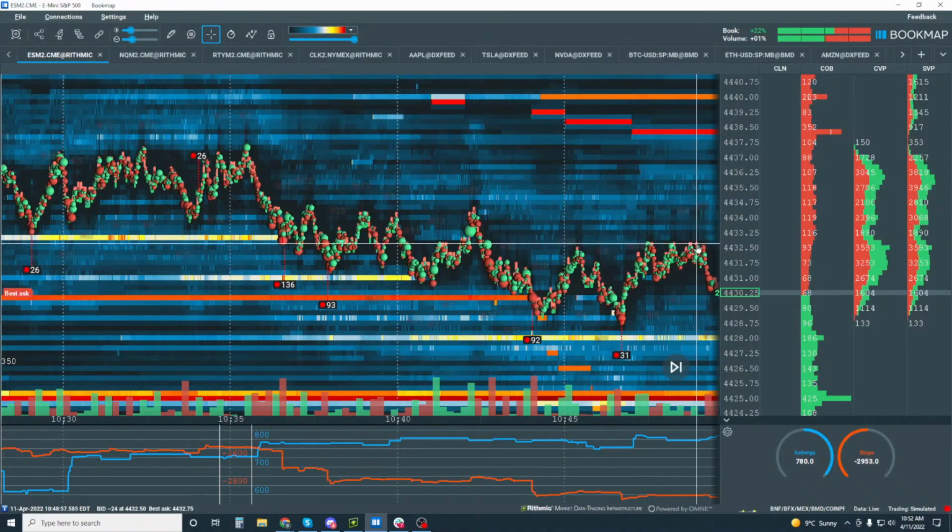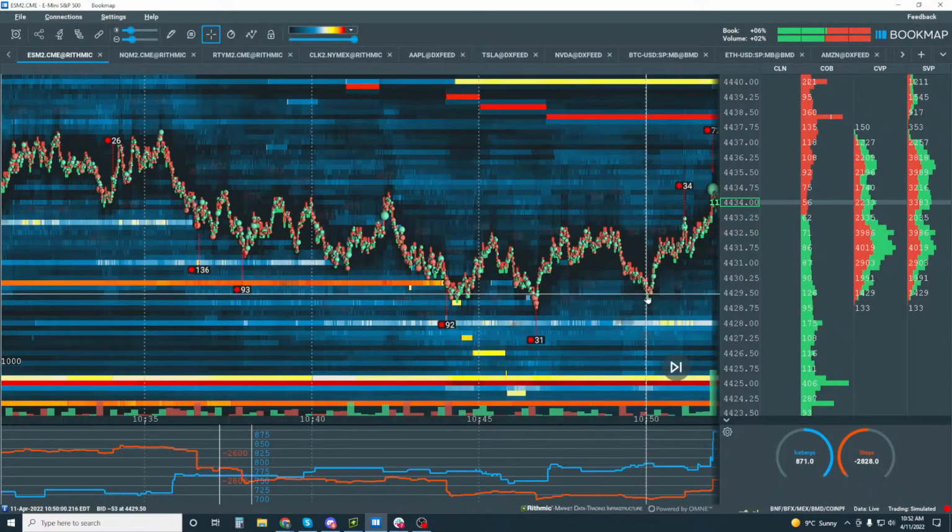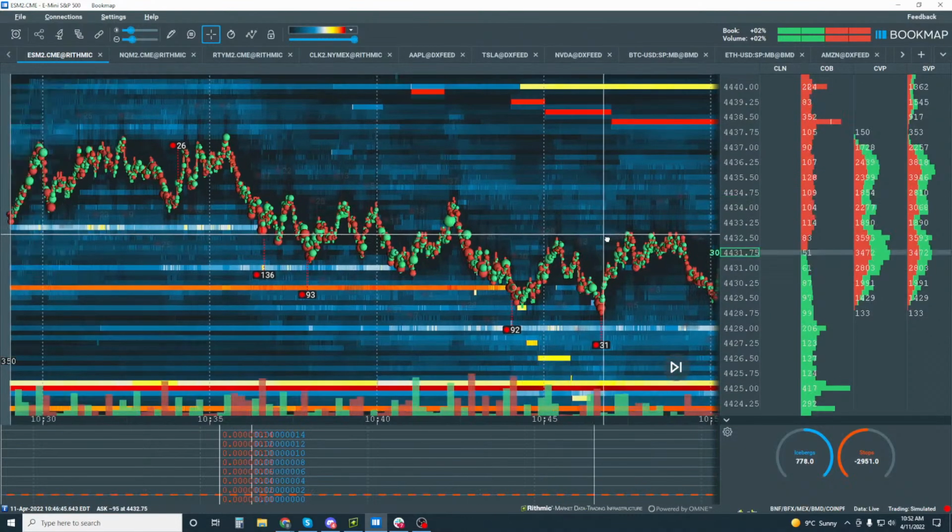I'm not seeing buyers up here. I'm looking for sellers. We got sellers in here. Great. Do we get sellers down here now? They should be able to come down and retest the lows here. Okay, they did. And did we get sellers down here? No.